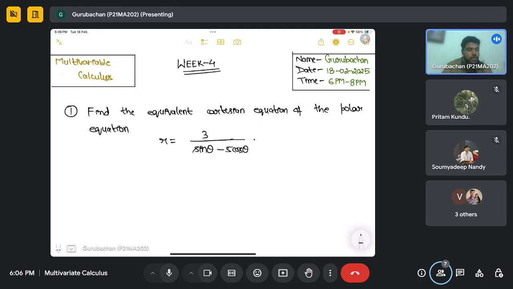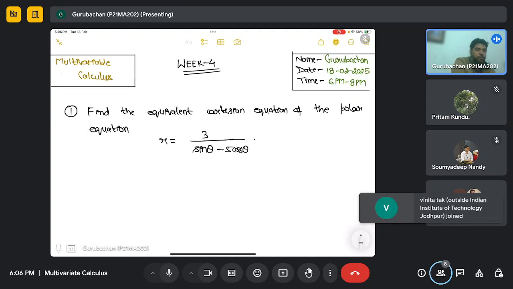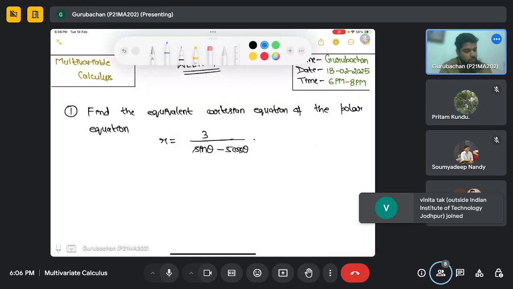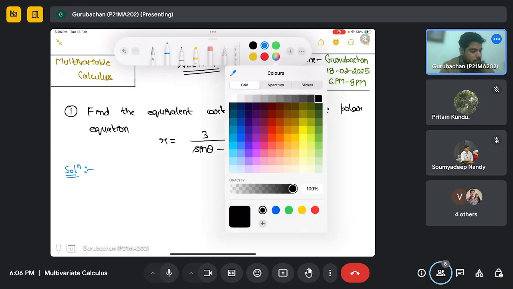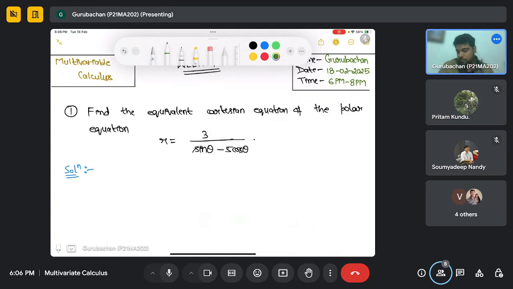Anybody have any idea how you have to approach this question? We have to substitute x equal to r cos theta, y equal to r sin theta.